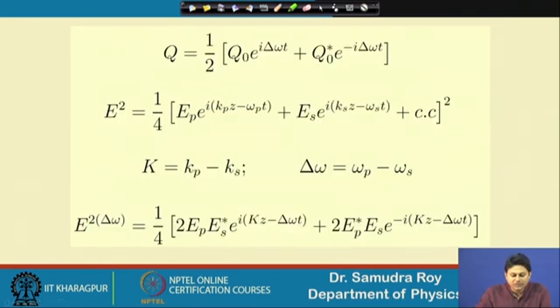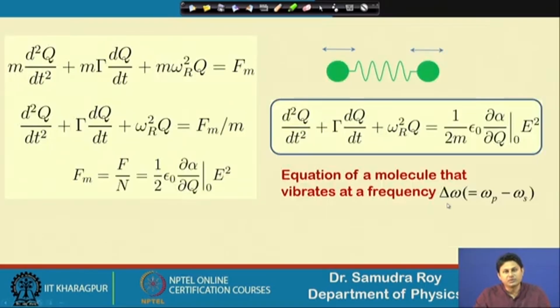In order to solve this equation, I write q in this form: half q_0 e^(iΔωt) plus q_0 star e^(-iΔωt). Here q_0 is a complex amplitude which has a frequency Δω, because we know that the molecule is vibrating with a frequency.